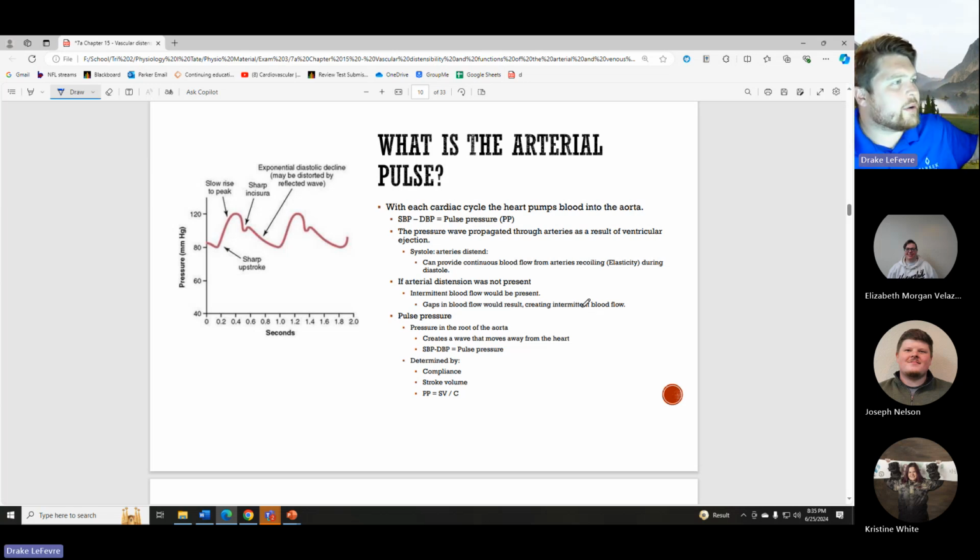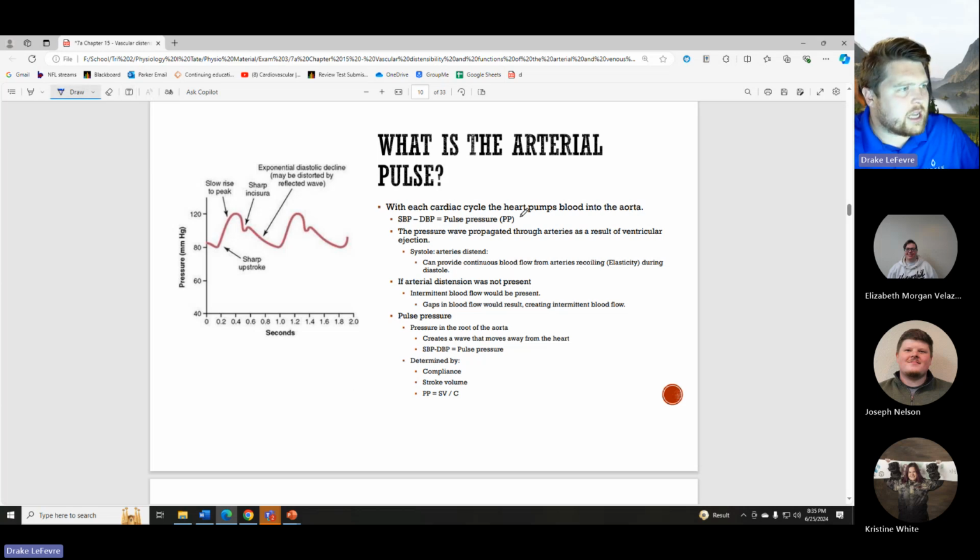What is the arterial pulse? I feel like we already kind of covered this as well. Pulse pressure, this kind of stuff. We mentioned this before when we talked about the cardiac cycle. So pulse pressure is how much change in pressure you get from diastolic to systolic.